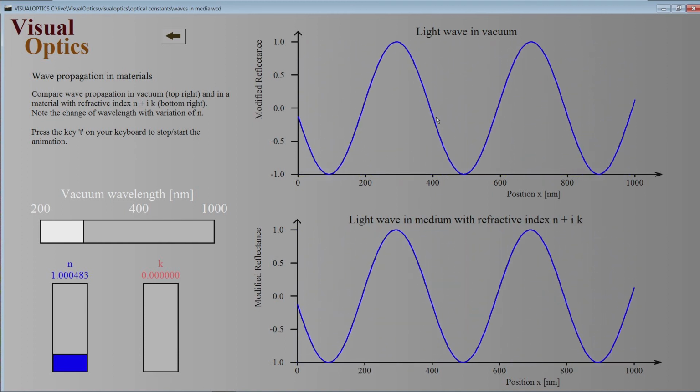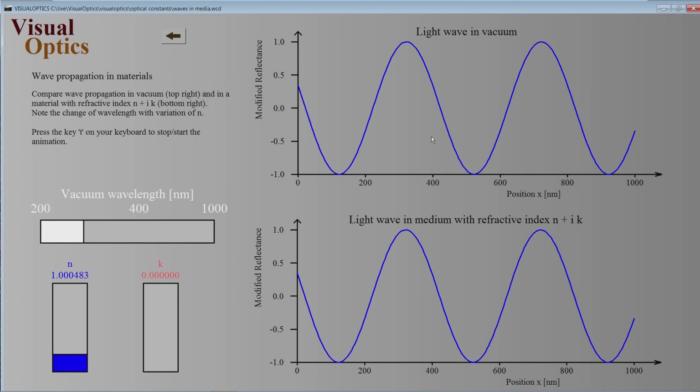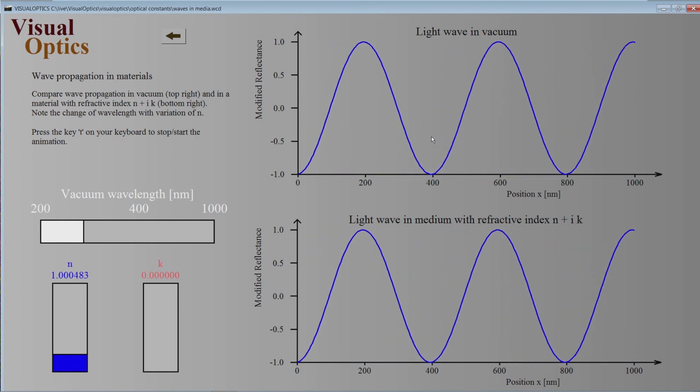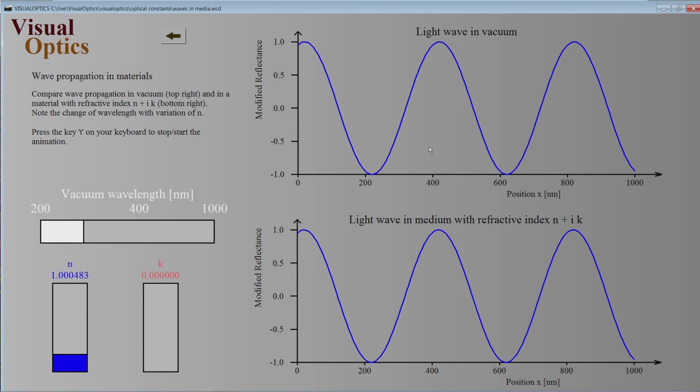If we stop the wave here, we can easily see this is a minimum. The next minimum of the electric field is about 400 nanometers away from that. The same holds for the top. The distance here is 400 nanometers, and this is called the wavelength of this wave.